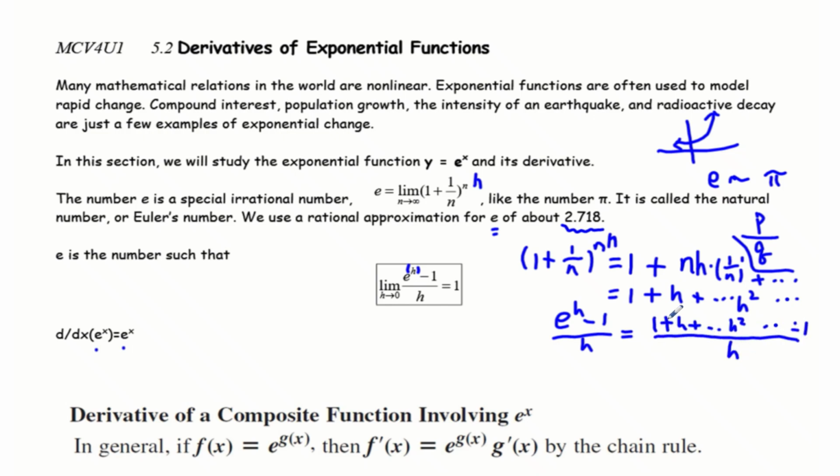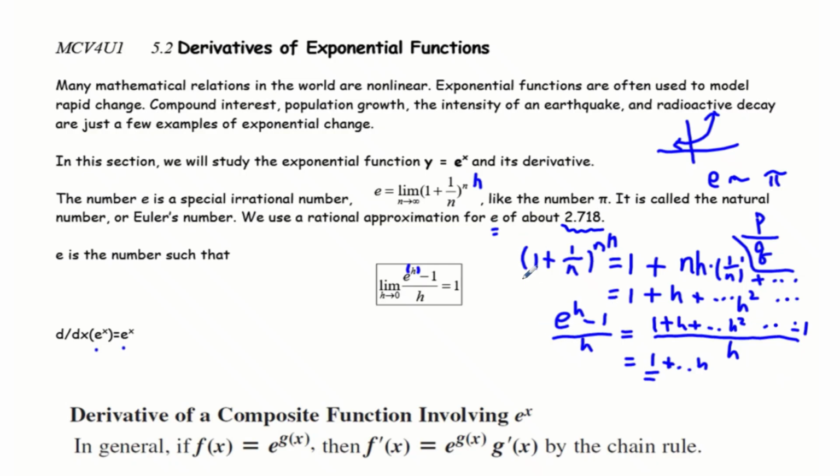So 1 minus 1 cancels out, h divided by h gives you 1, and the others will be just h to some exponent. We sub in h equals 0, and all of those will be 0. So the limit when h approaches 0 will give you 1.